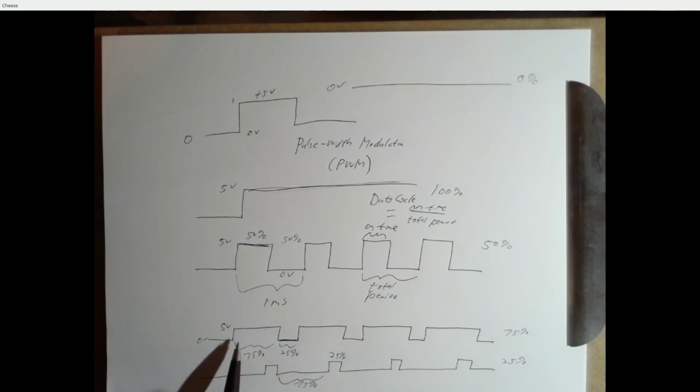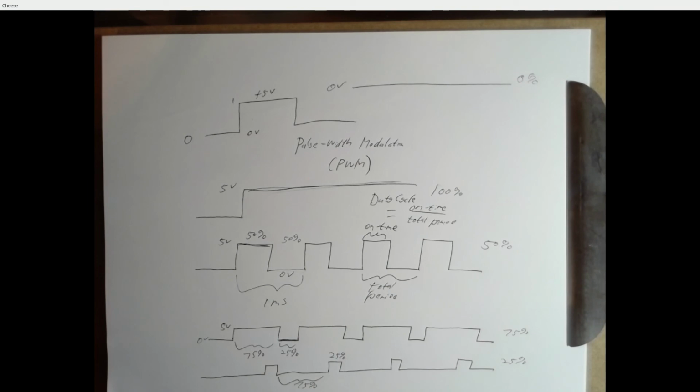Or we could say, wait for 0.75 milliseconds, and then when you get an interrupt, clear the output and set your timer for 0.25 milliseconds. And then when you get an interrupt, set your output high and arm an interrupt for 0.75 milliseconds. And when you get an interrupt, set the output low, and so on.